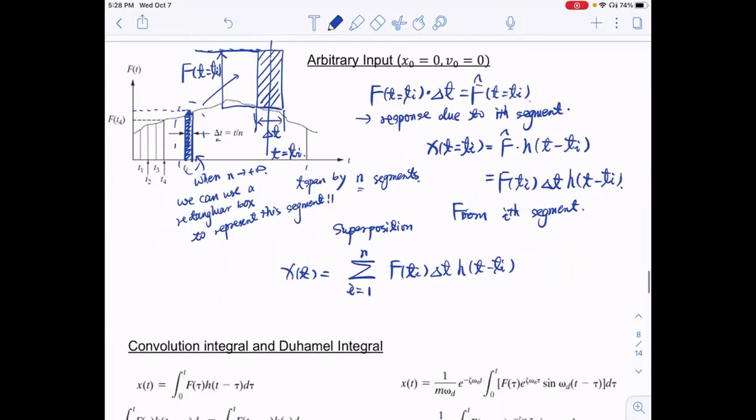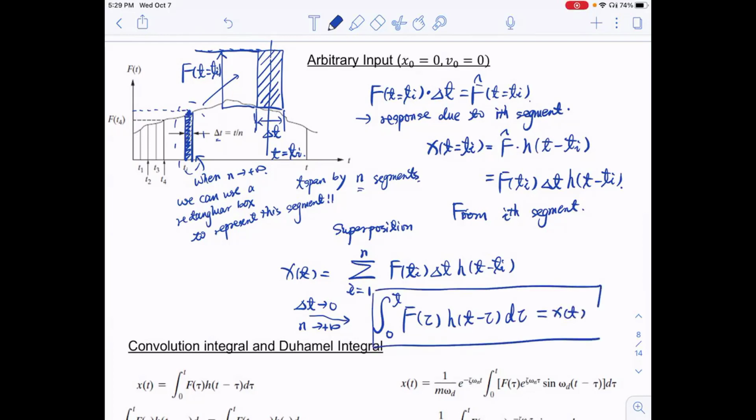And then as delta t approaches 0, or n approaches infinity, meaning we cut very, very tiny slices, your summation becomes integration. It's no longer from 1 to n, it's actually from 0 to t. And for your force function, we're using a different variable. So that's going to be your response when the excitation is arbitrary.